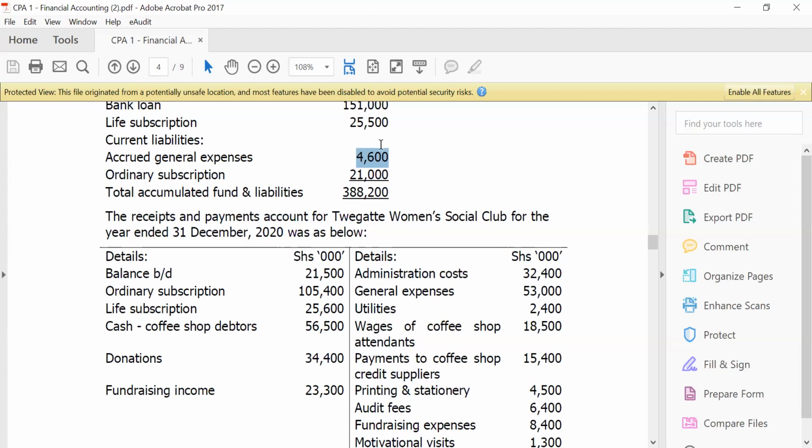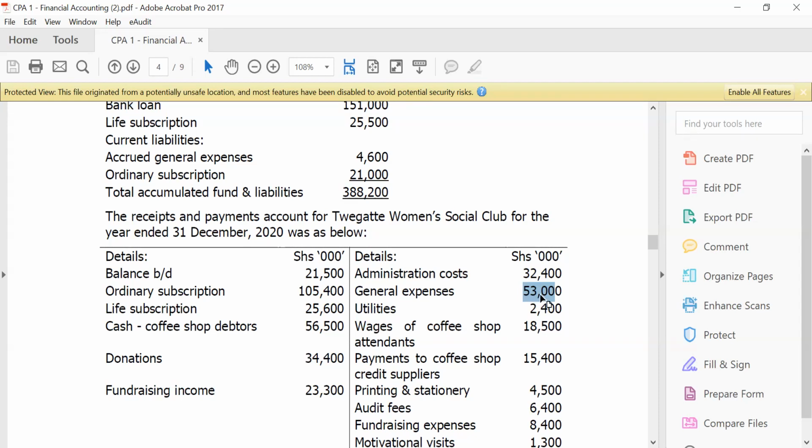So let's say we remove this 4,600 from the 53,000 to determine how much exactly remains after we have paid the 4,600. When you get your 53,000, remove 4,600, you actually get 48,400. So the 48,400 that remains relates to general expenses that were paid in this year relating to this year, not relating to the balance.